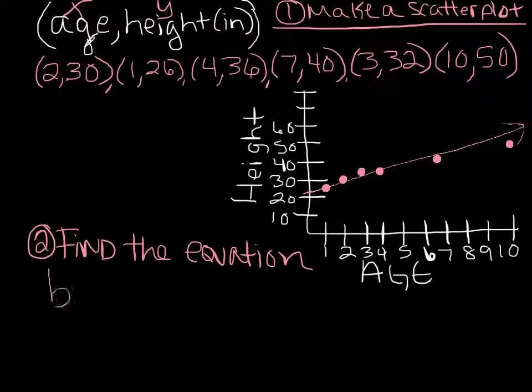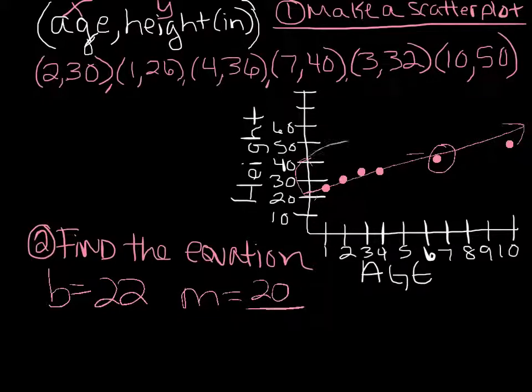First, we're going to find our y-intercept. That's going to be right about here. Looks like it's about 22. Then we want to find our slope. I'm going to use my y-intercept, 22, and then I'm going to use this point here because it falls closer to the line than this last point. I'm going to find my rise first. It looks like I'm going from about 20 up to 40, because this point falls right about at 40, so my rise is about 20.